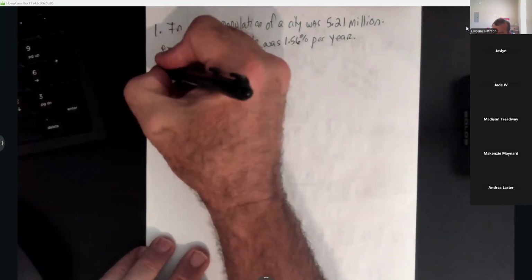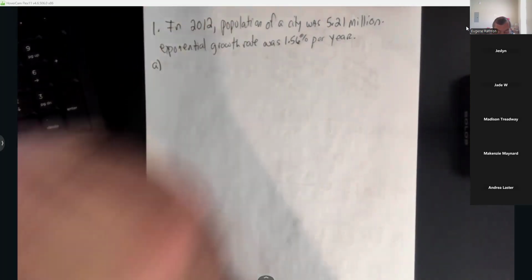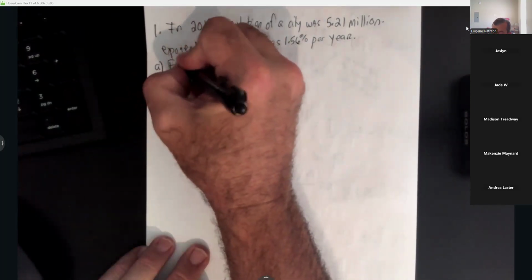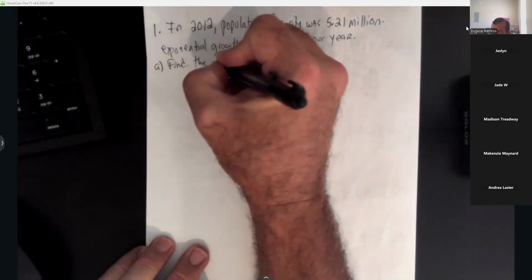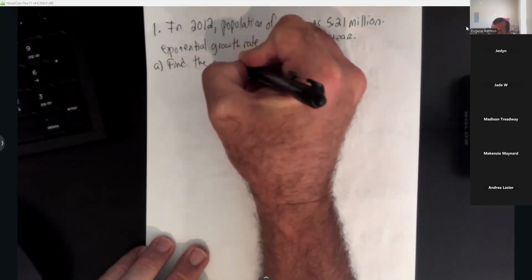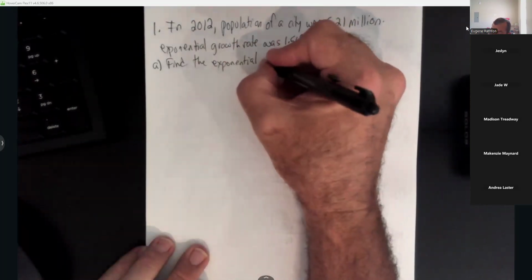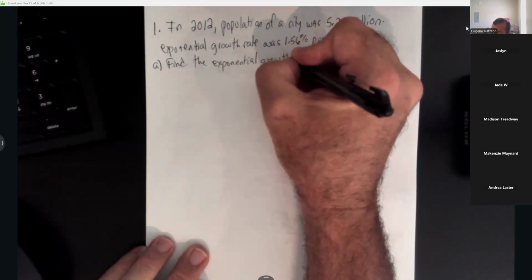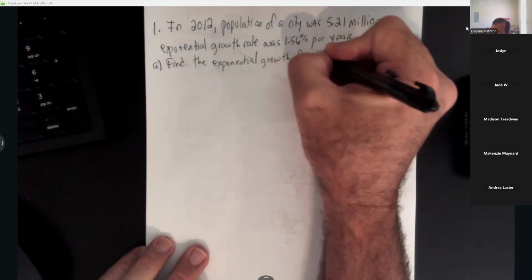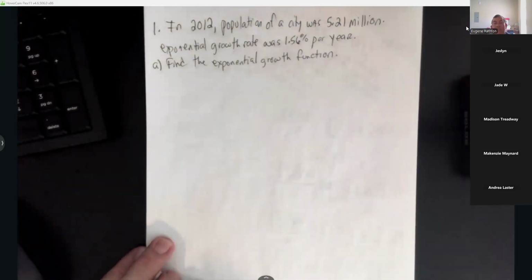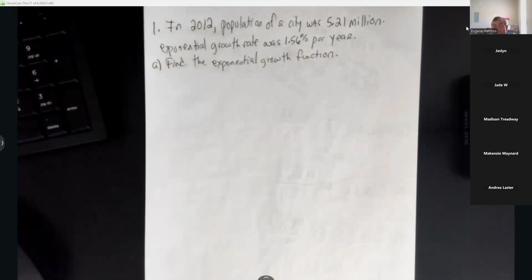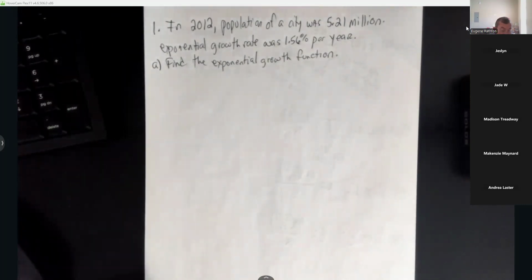All right, so they've got a part A. In part A, they want me to find the exponential growth function. So this is just the formula we would use in this situation.